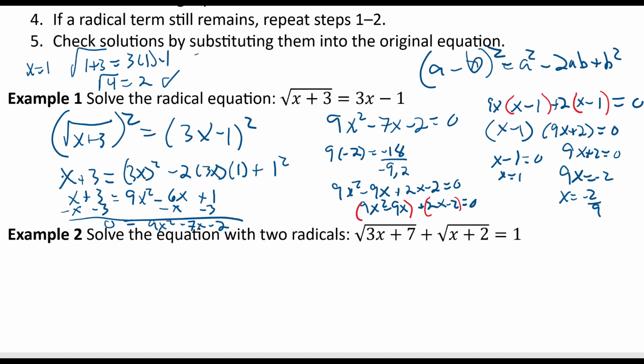How about negative 2/9? We're not going to like that one because it's got a fraction, right? So is the square root of negative 2/9 plus 3, and 3 would be what? How many ninths is 3? 27/9? Is that going to be equal to 3 times negative 2/9 minus 1?